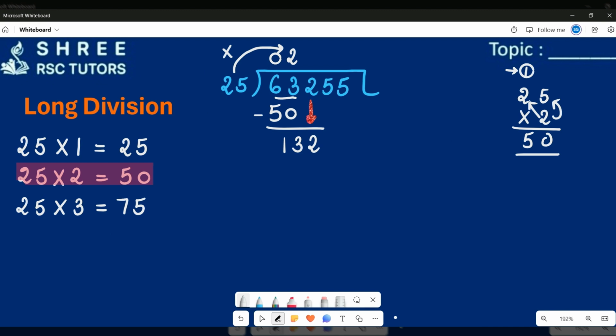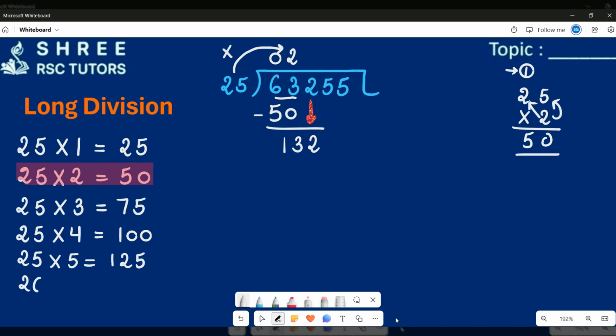Now I will again check how many 25s can go into that 132. For that, I would need the table again. So 25 times 4 is 100. 25 times 5 is 125. I'm getting closer to that number.